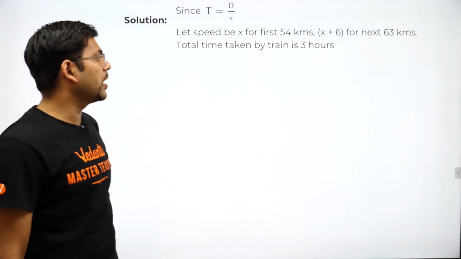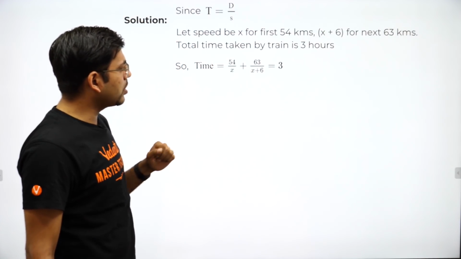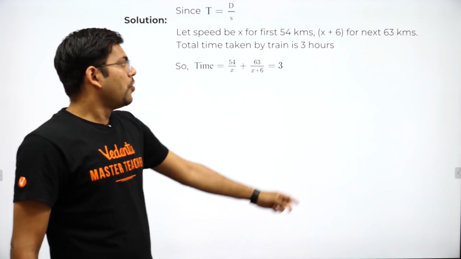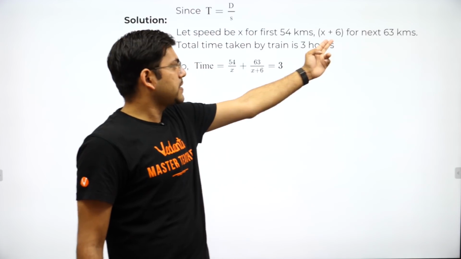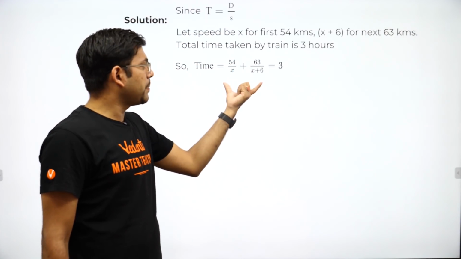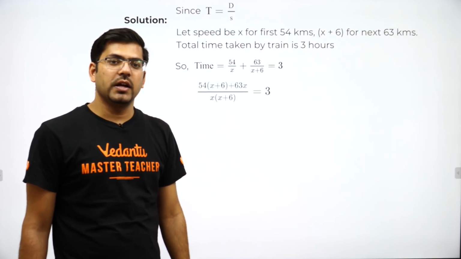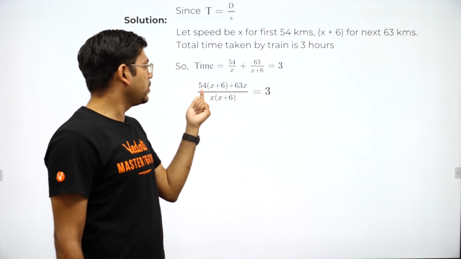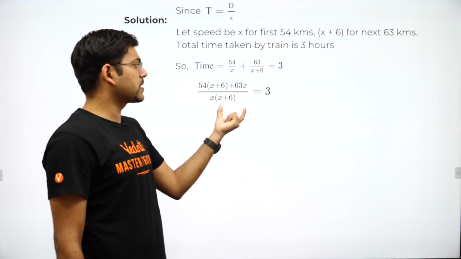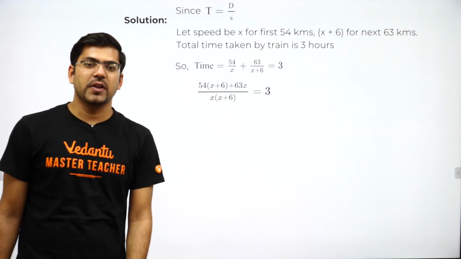So for the first 54 kilometers the speed was x, and for the next 63 kilometers it was x plus 6. So 54 upon x plus 63 upon x plus 6, and both of them added, the total time is 3 hours. Now we will be solving them, and we will be getting 54 times x plus 6 plus 63 times x, divided by x into x plus 6, is equal to 3. I guess I am clear with this point. Now moving on to the next.